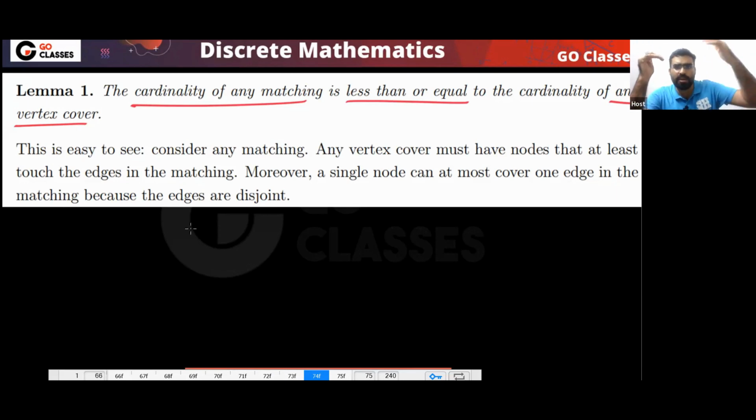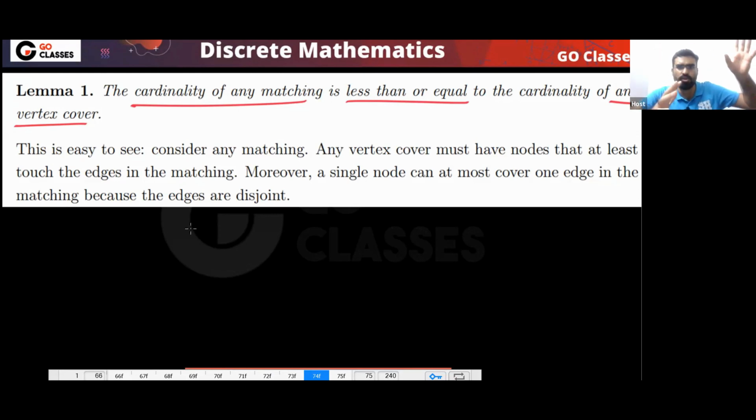You have a matching. There are edges. The vertex cover should cover all the edges. So who will cover these edges of the matching?